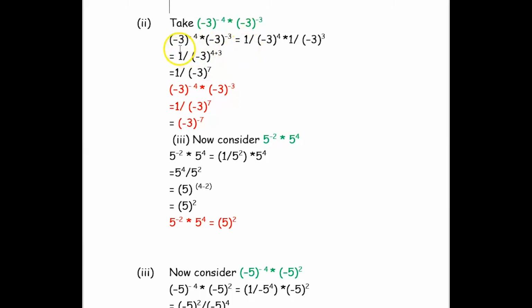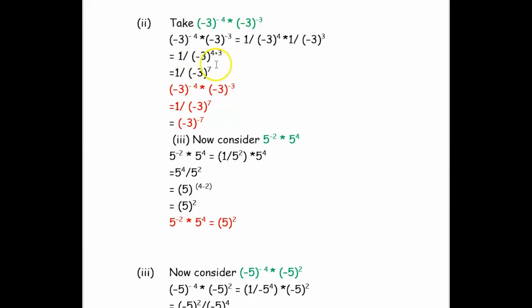We can write negative 3 raised to the power negative 4 as 1 divided by negative 3 raised to the power positive 4, into 1 divided by negative 3 raised to the power of positive 3. Now here the base is negative 3 and the exponents are 4 and 3 and it is in multiplication. So we can add the powers.